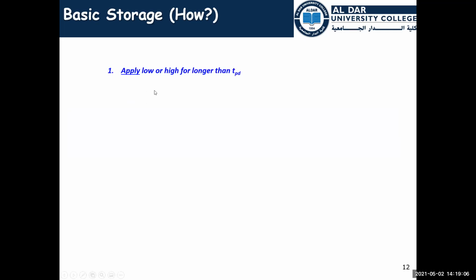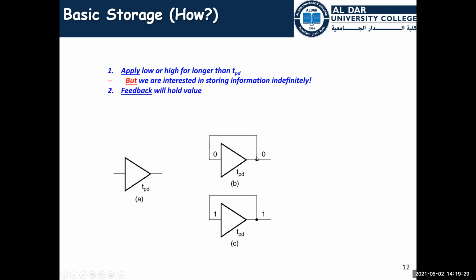The idea is like we have a circuit here. We apply a voltage, and we want to keep the output voltage to stay there forever. The idea is to make a feedback cycle.